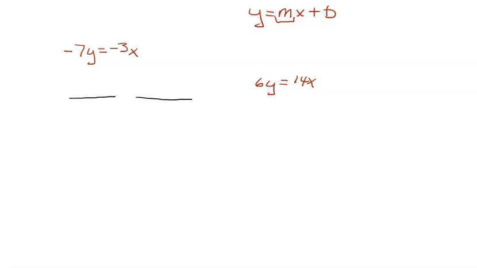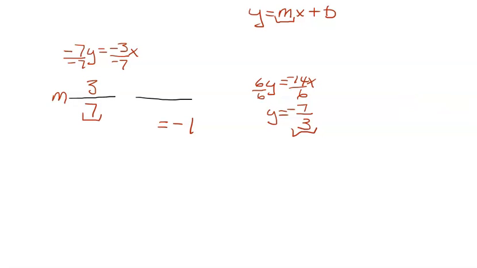And I started to solve these. Here I'm going to divide both sides by -7. So our slope here is 3/7. Now, in this next part, our slope is, after dividing both sides by 6, -7/3.